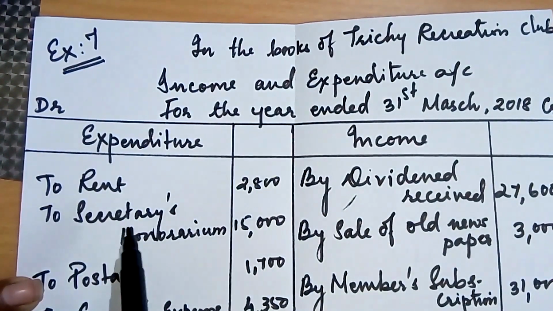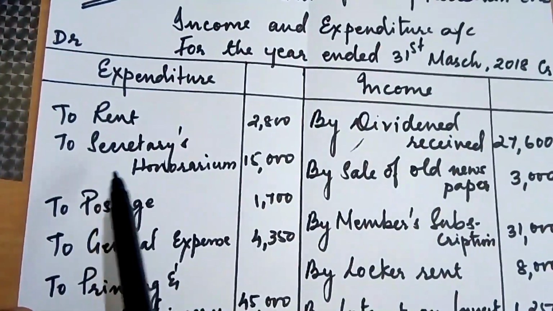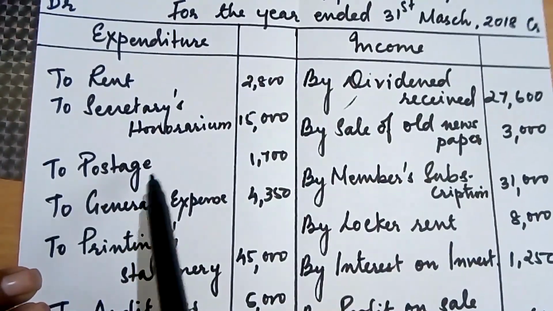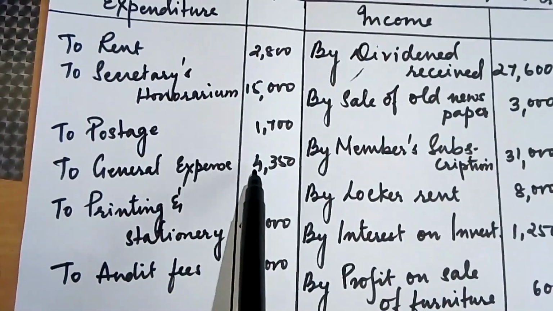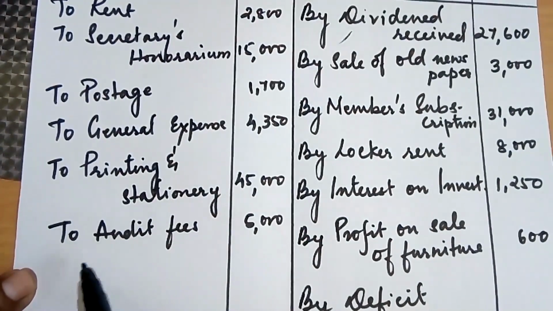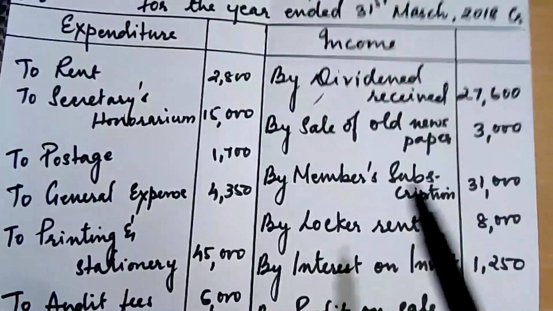So let's look at the debit side first. To rent 2,800, to secretary's honorarium 15,000, to postage 1,700, to general expenses 4,350, to printing and stationery 45,000, to audit fees 5,000.